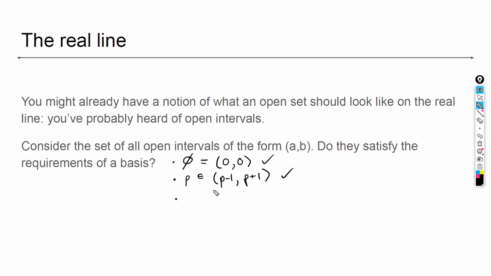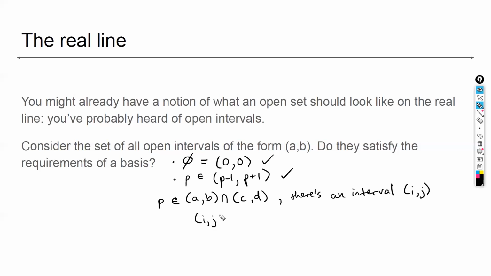And now finally, we have the more confusing one, which is: if I have an interval (a, b) and another interval (c, d), and I consider their intersection, then if I have a point, let's call it p, inside of this intersection, then there's another interval, let's call it (i, j), such that (i, j) is contained in the intersection and p is contained in (i, j).